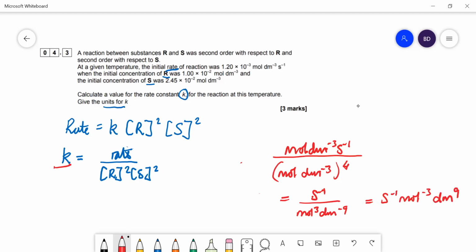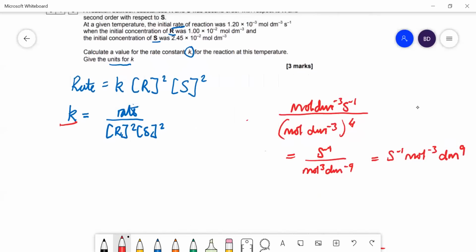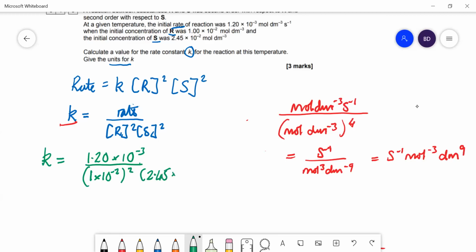Now let's put in the numbers to work out the value of K. That's pretty straightforward. The rate they tell us is 1.2 times 10 to the minus 3 moles per decimeter cubed. Concentration of R was 1 times 10 to the minus 2, so we've got to square that. The concentration of S is 2.45 times 10 to the minus 2. Square that.